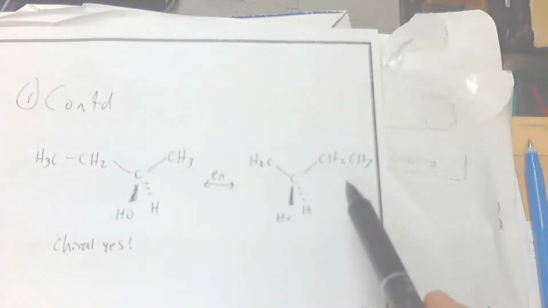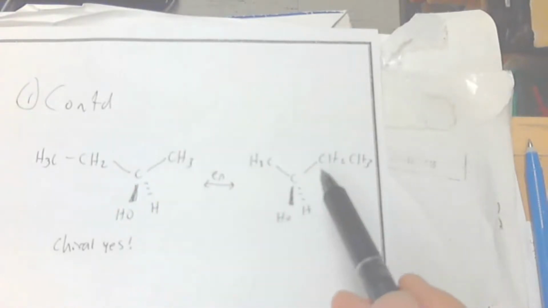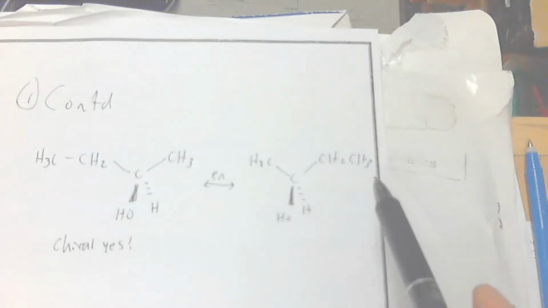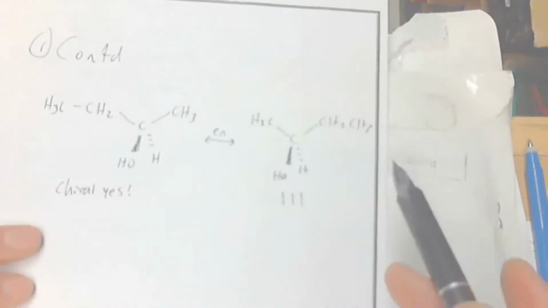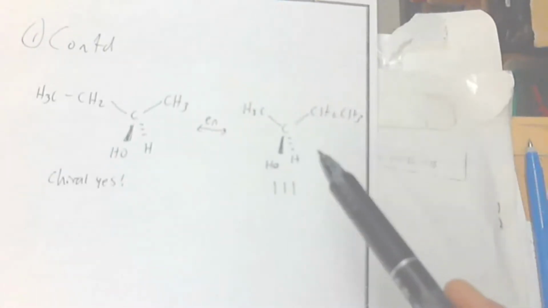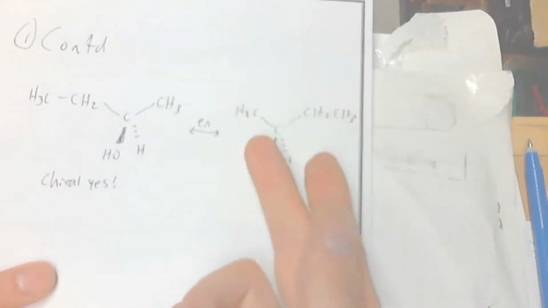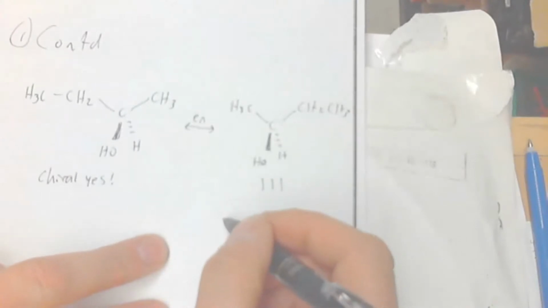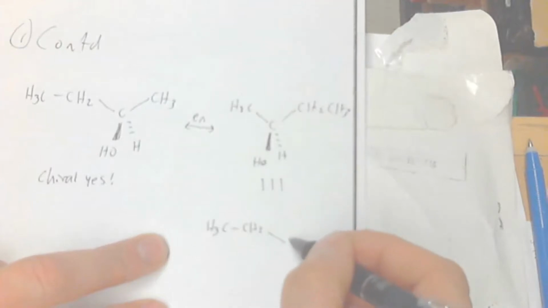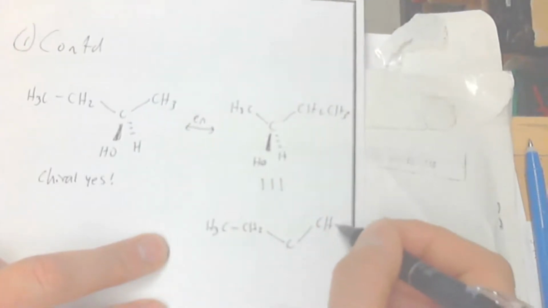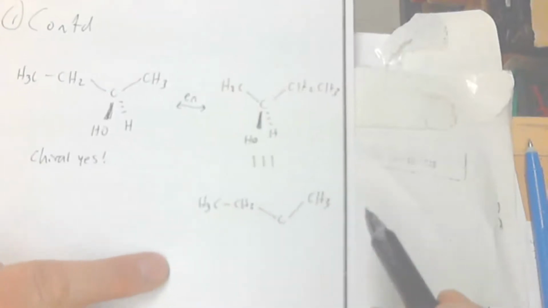So these are enantiomers. This is the enantiomer of this. They're both chiral. Is there an alternative way to draw the same exact molecule on the right? Yes. I can always flip a molecule around. Imagine what happens if I take this and flop it over. Now the ethyl is on the left, the methyl on the right.